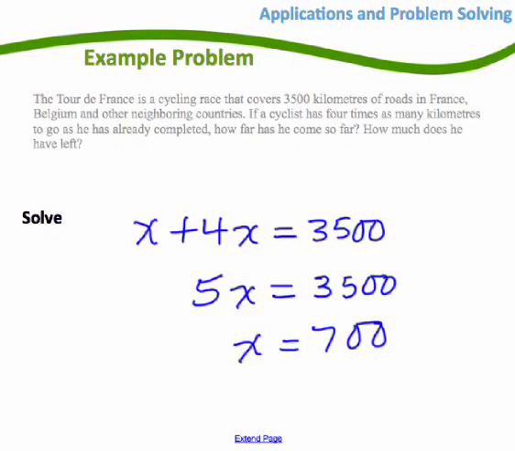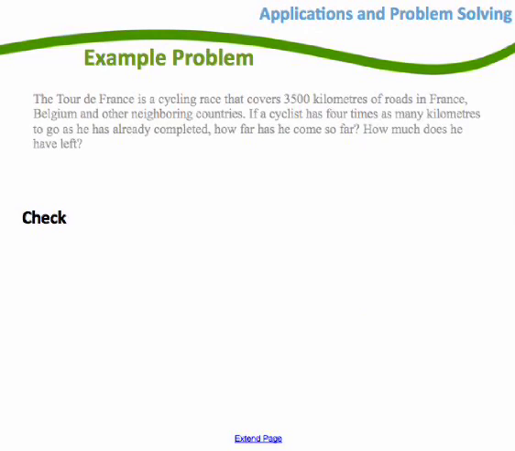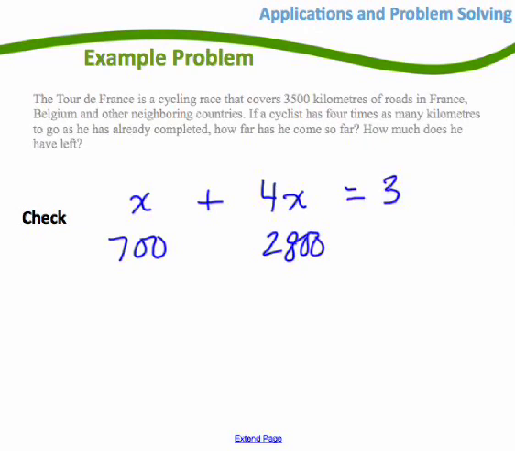Okay, so let me go back to here. I solved for x. I got x to be 700. I'm checking my answer. I sort of did that back here, but I'll do it again. So 700 was how far he had traveled so far. Then I had to add to that 4x, which we figured out to be 2,800, and our check is to see if that comes out to 3,500. 700 plus 2,800 does indeed give us 3,500.